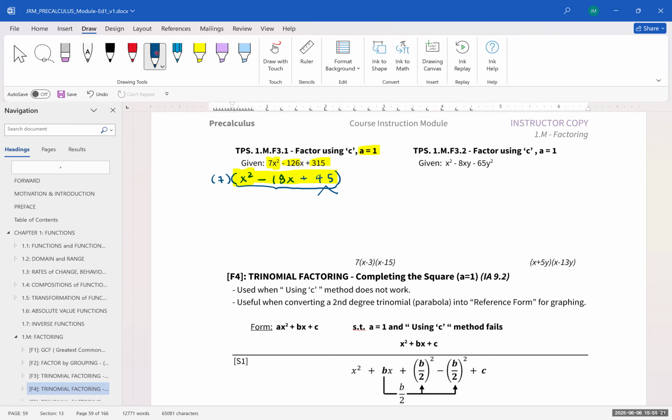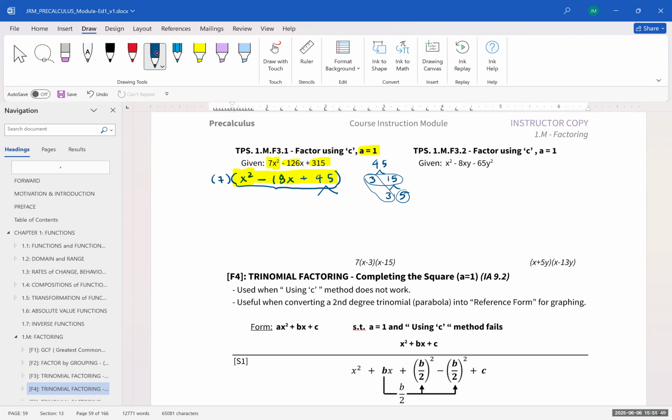So what could this be? Well, to get 45, let's see here, that could be 3 times 15, and that's 3 times 5, right? So we could have 3 times 15 or 9 times 5, right?